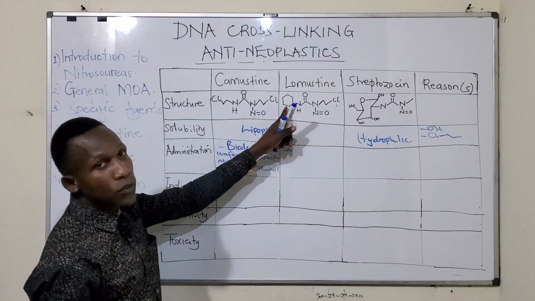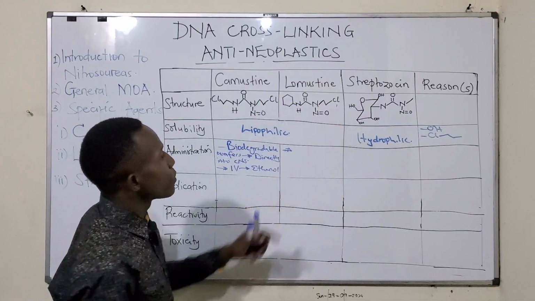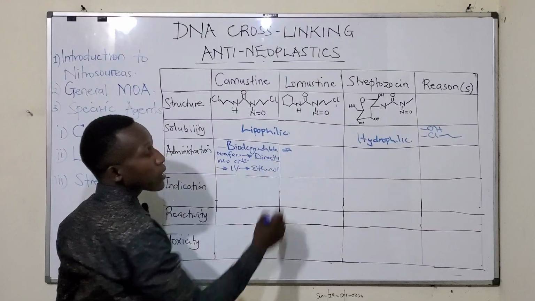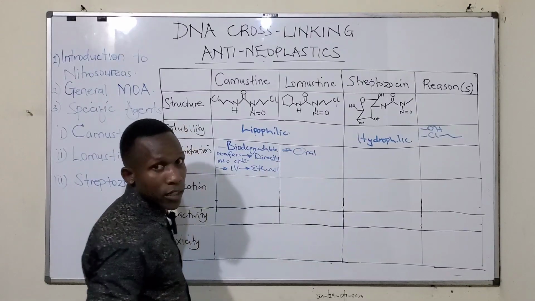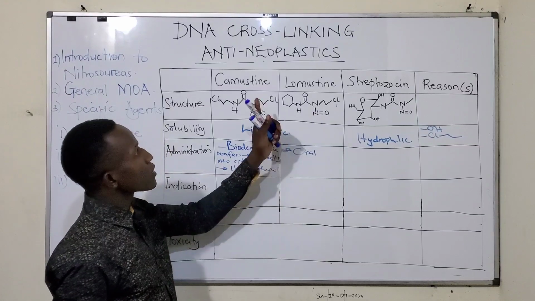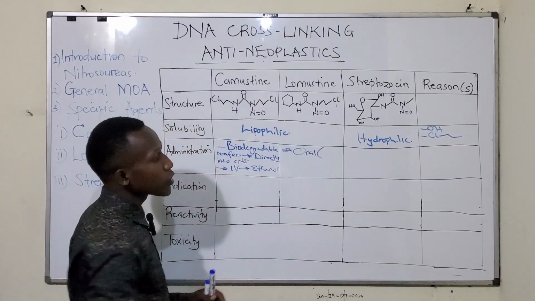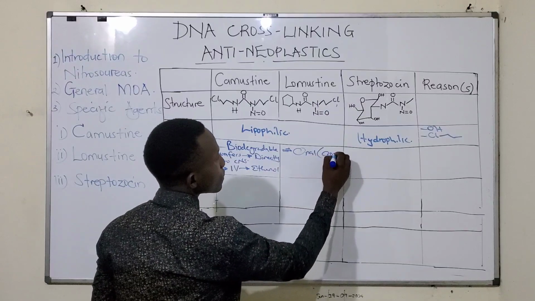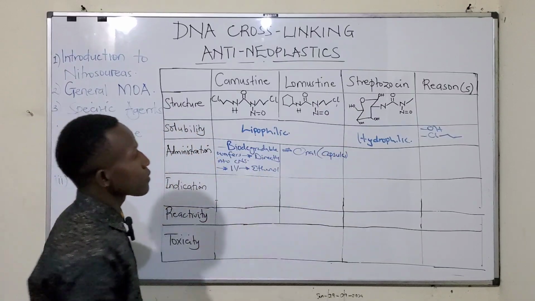This reduces the reactivity of the drug, meaning that this one can be administered orally because it is lipophilic, but it's not as reactive as the carmustine. So it is present as an oral formulation in capsules.